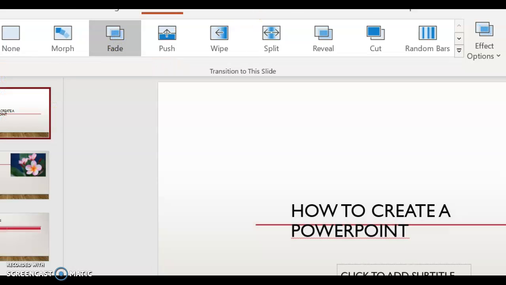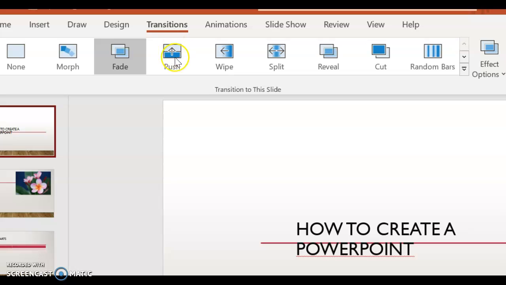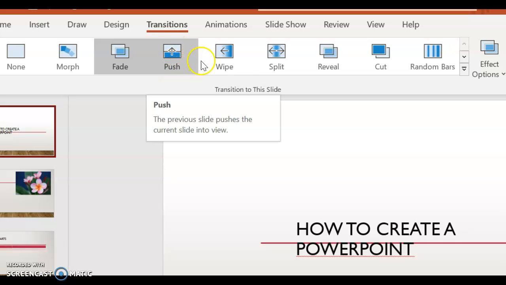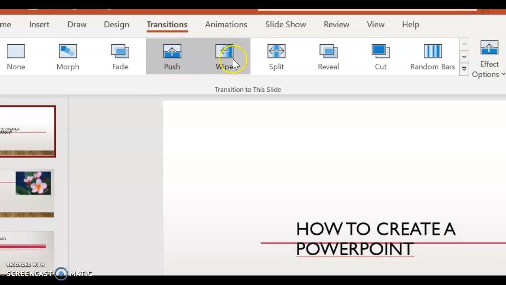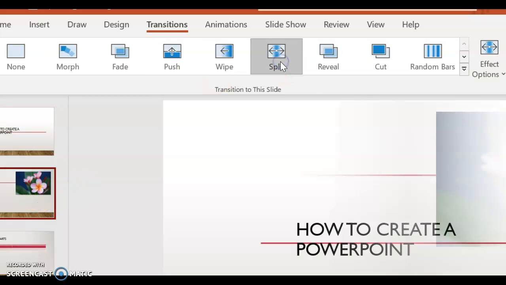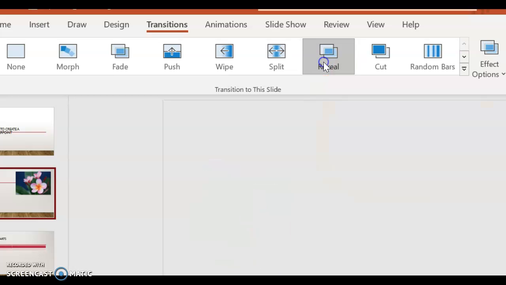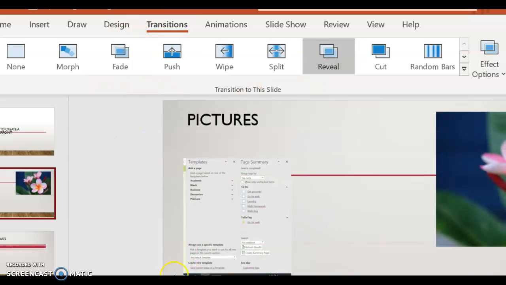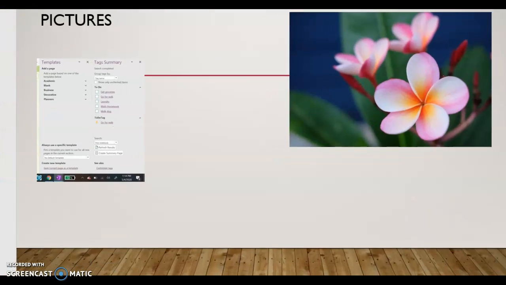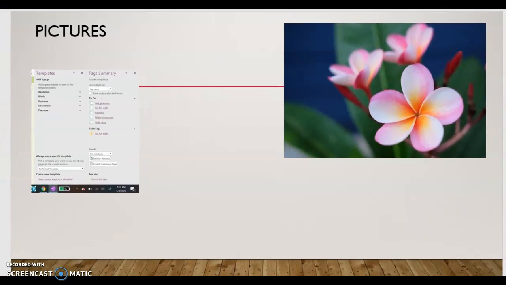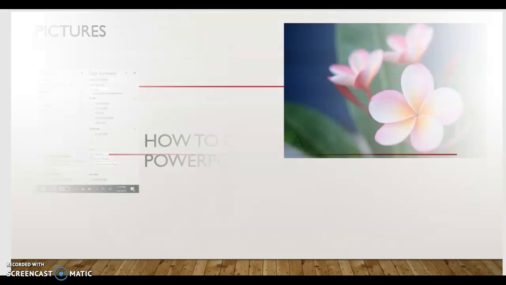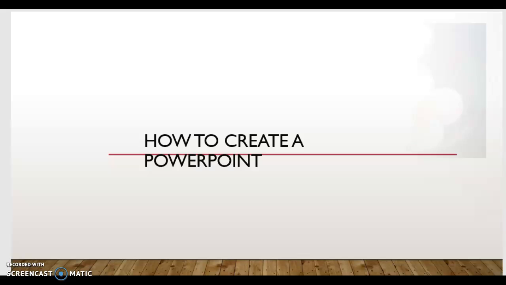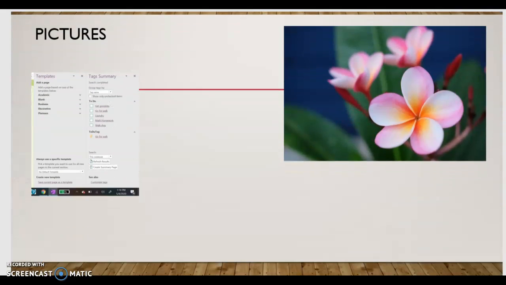You just want to go to the tab at the top called transitions and you can go through and look at all of them to see which one you want to use. And yeah, that is pretty much the basics on PowerPoint. There are probably a few more little details to go through, but this should help you get started with any PowerPoint you really need.